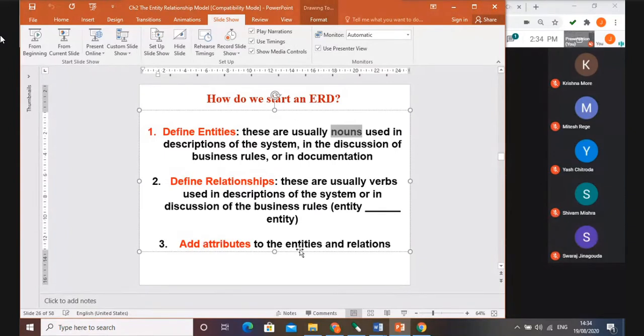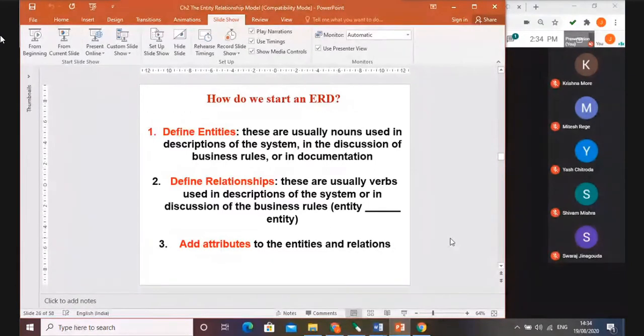Third is add attributes to your entities and relations. Now here, if I am having customer, it's not that I need to specify all the attributes in my problem statement. No need. Those attributes you can add from your side in your ER diagram.